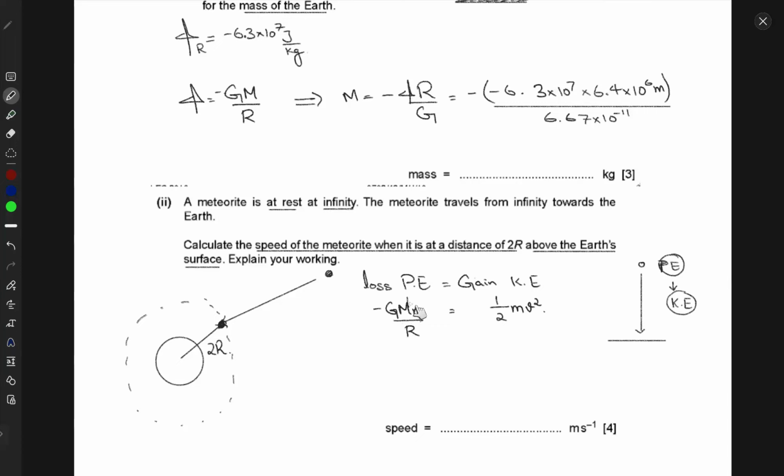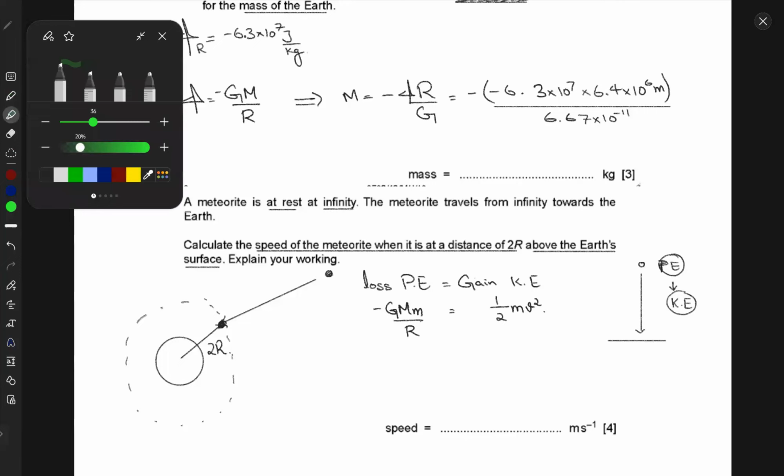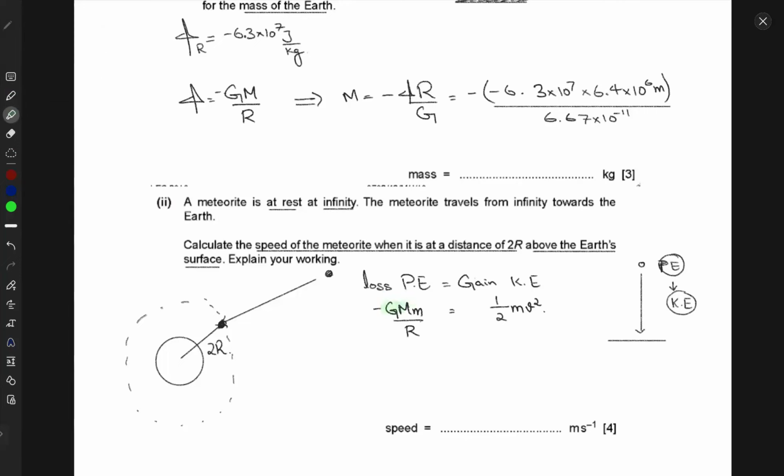But this minus GM by r is just the potential function, so it is just phi. So phi times m is equal to half mv squared.